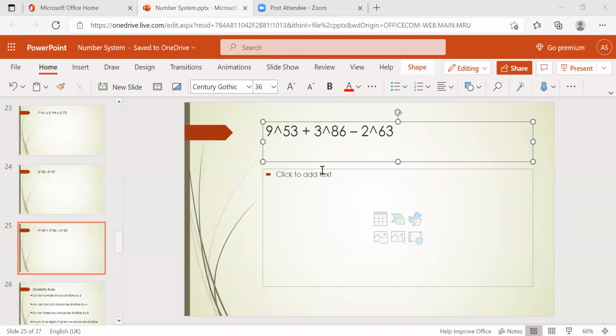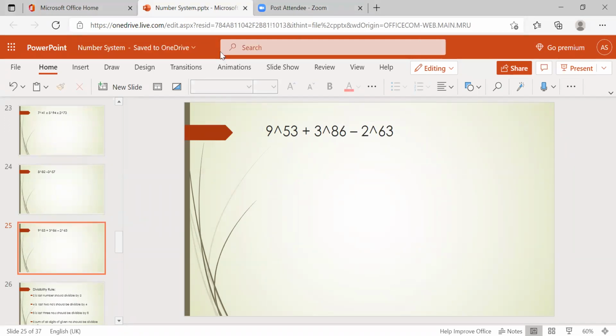So first of all, just clear this one. So 9 power 53. What's the 9 power cycle? It's nothing but 2. So 53 is there. So 52 we can write 2 into 26. 26 is 52, right? So remainder is 1. So we can directly take 9 power 1, which is 9.